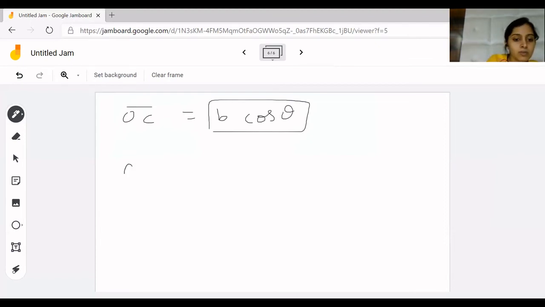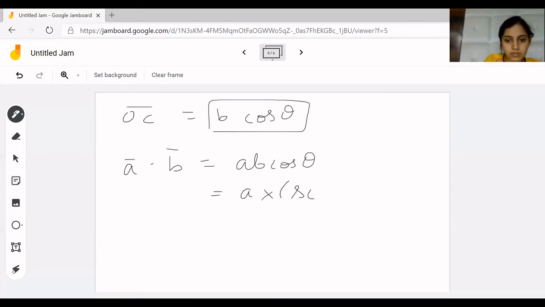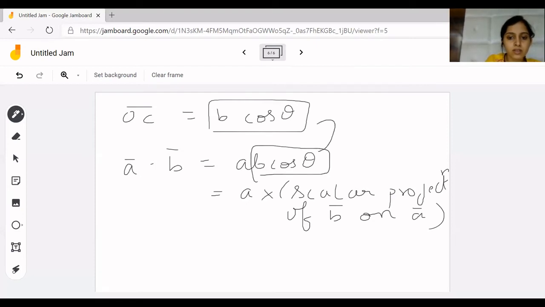Now, A bar dot B bar is equal to AB cos theta, correct? Which can be written as A into the scalar projection of B bar on A bar, correct? So you can observe B cos theta is the scalar projection of B bar on A bar.